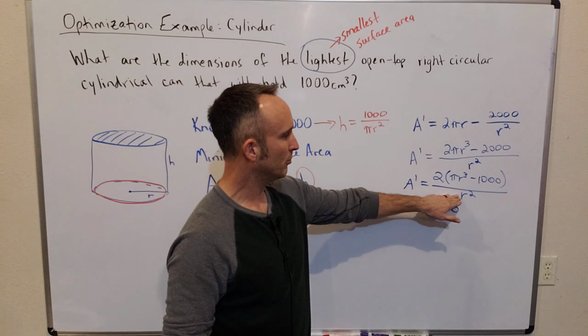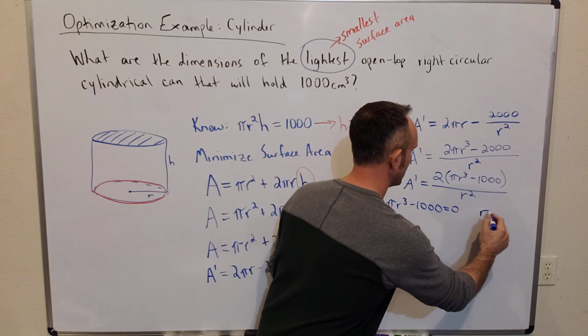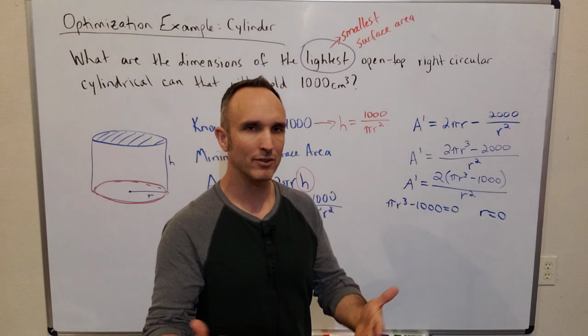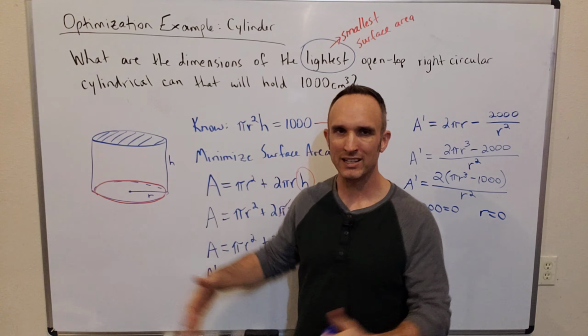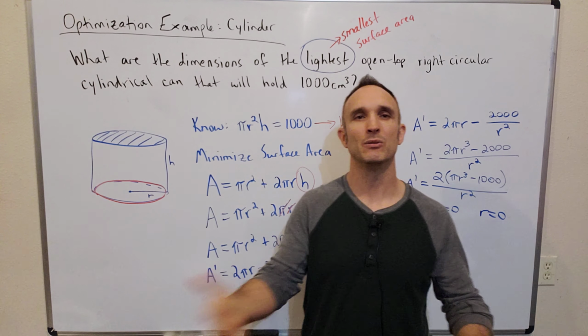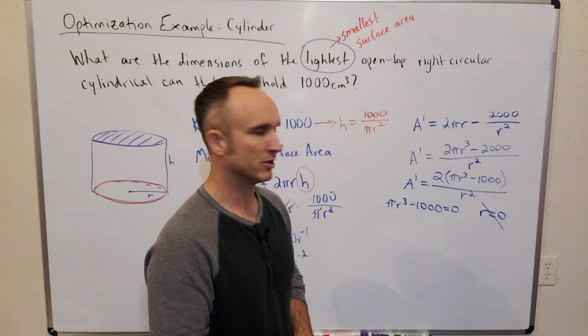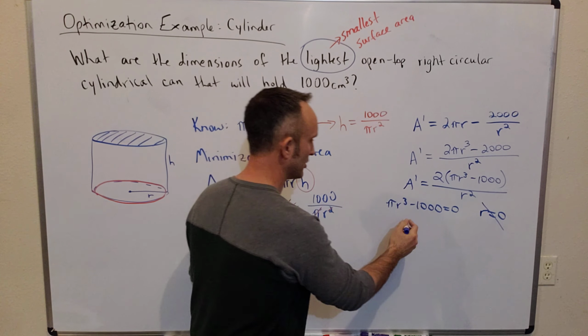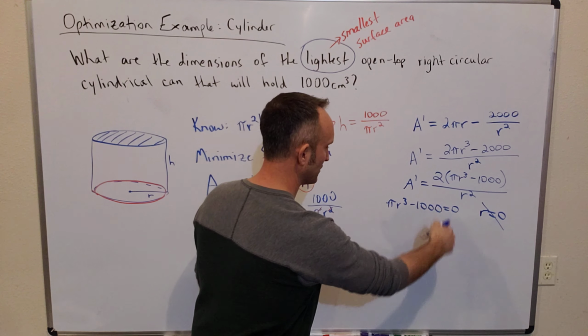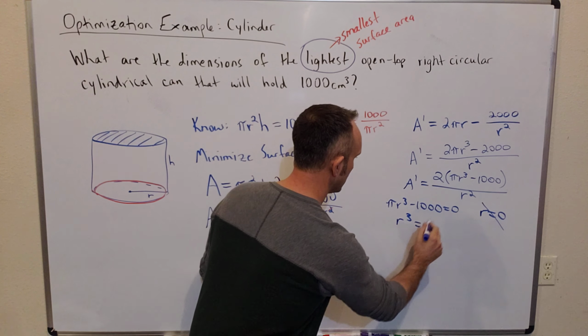And the denominator would be 0 if r equals 0. However, we already said that since r is radius, we're not interested in an r value of 0 or a negative r value. So we're going to get rid of that. That's not going to be one of our critical numbers. However, we could solve this equation. So add 1,000 and divide by pi.